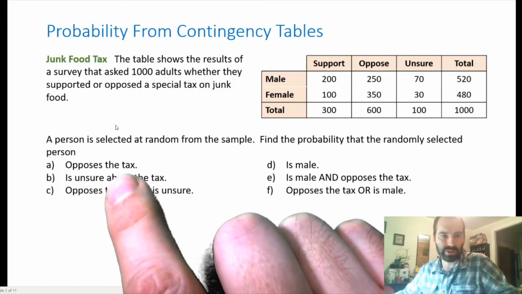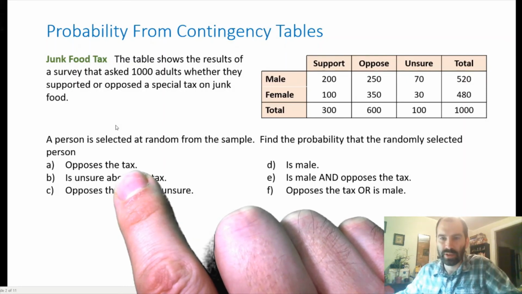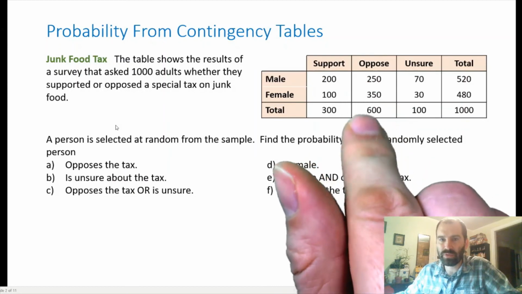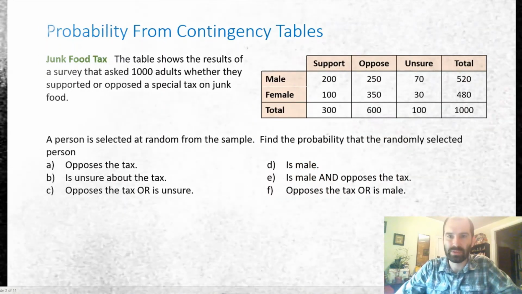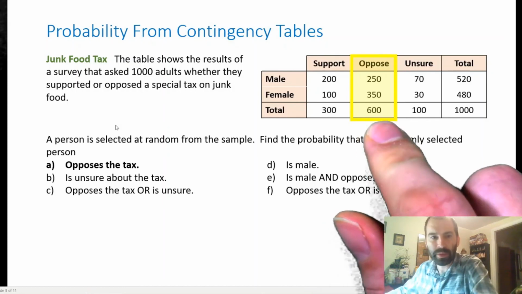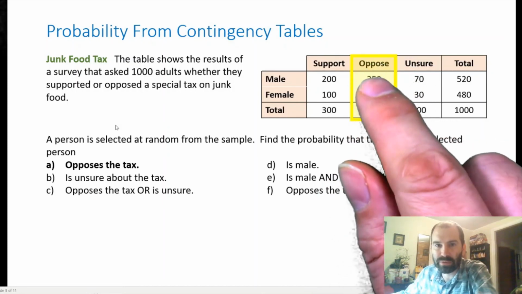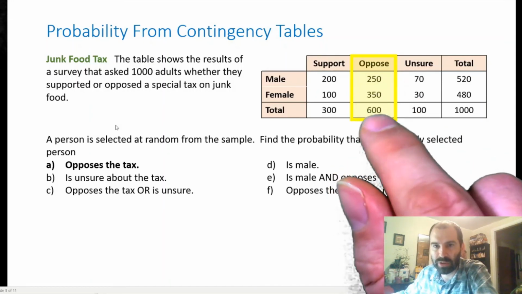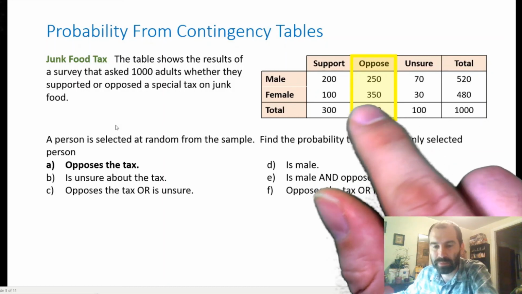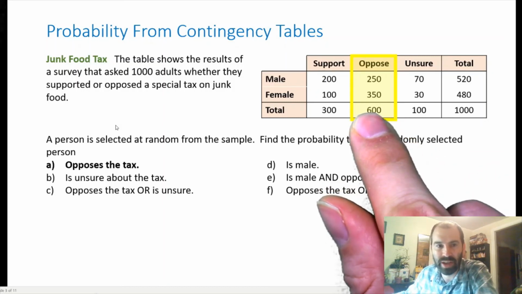So let's look at this one. What's the probability that a randomly selected person opposes the tax? Okay, so that means they're one of these people here. So what's the probability of being one of these people? Well, being male or female isn't specified, so it's just one of the 600, right? So you're one of 600 people, and how many total people are there? What's the size of our sample space?